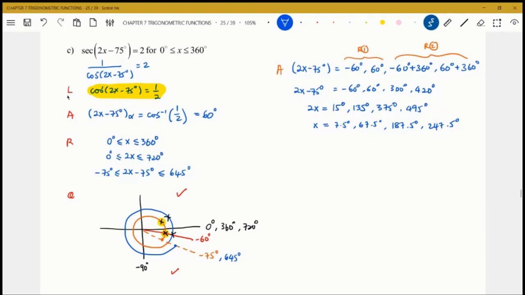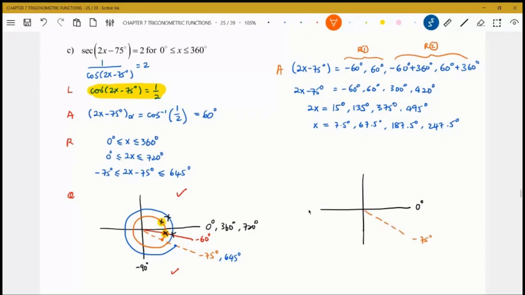Okay, so kita tengok balik dekat sini. Kalau kita tengok pada rotation, rotation asal di sini adalah 0 degree. So dia akan start pada negatif 75. So let's say saya letak balik dekat sini adalah negatif 75 degree.